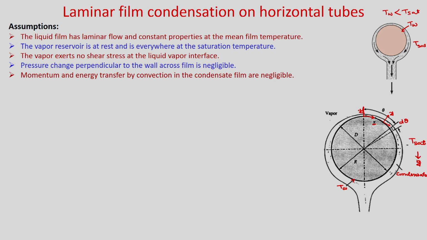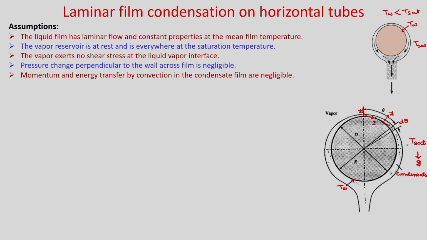When we calculate the pressure gradient from the hydrostatic relation for the vapor, we have to take the x direction component of gravity, because we are considering the governing equation in the x direction. The left hand side of the momentum equation will be 0, and you have del p by del x plus mu L del 2 u by del y square plus rho L g sin theta.